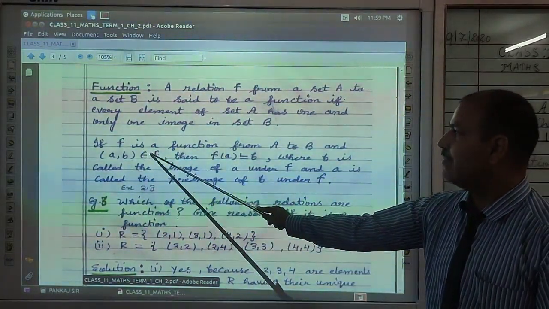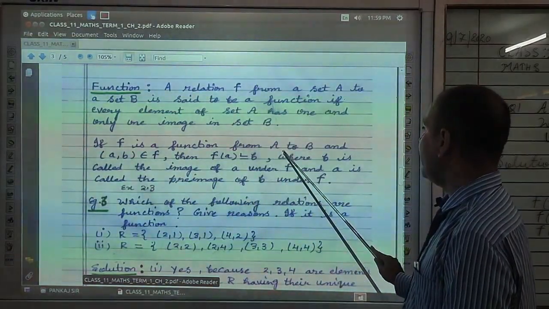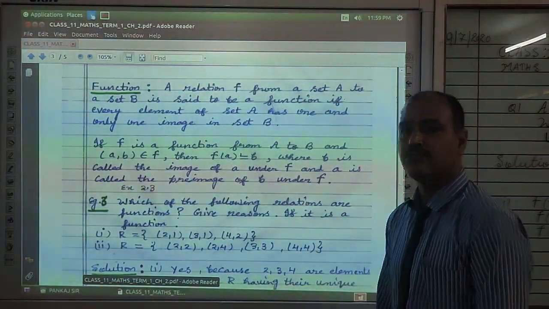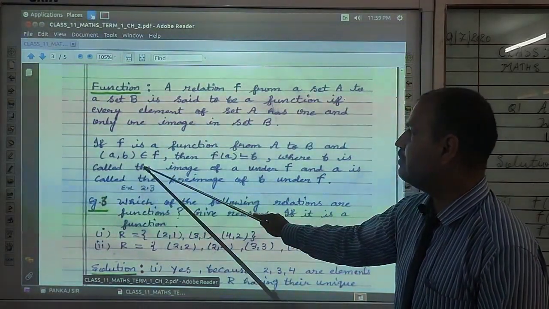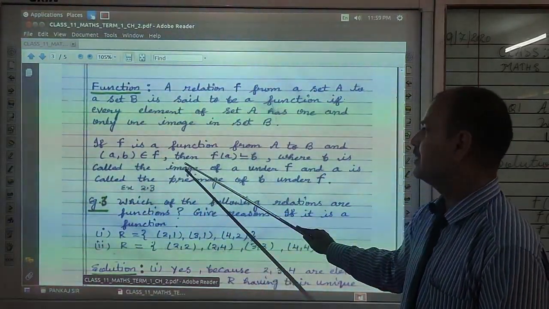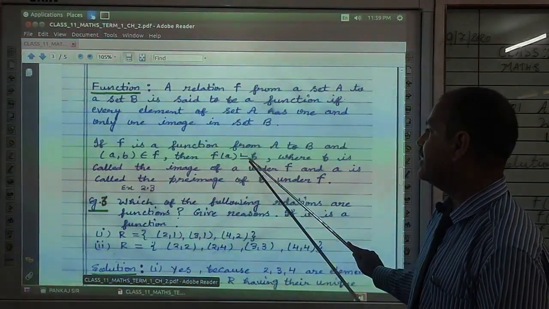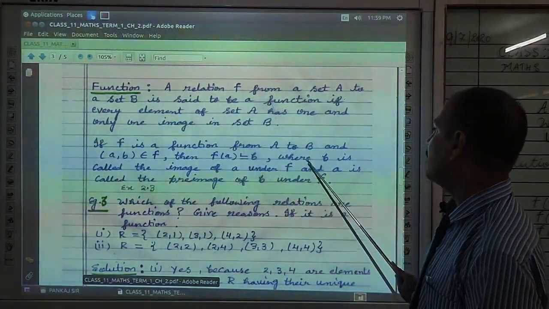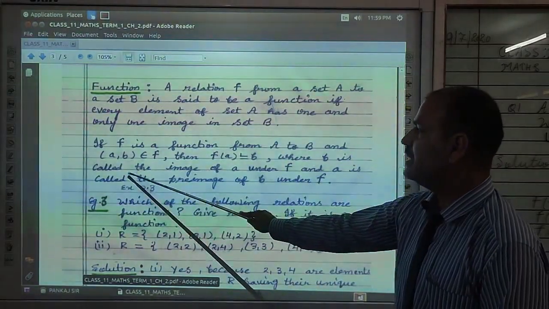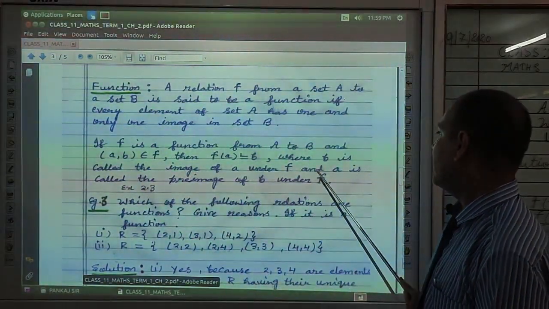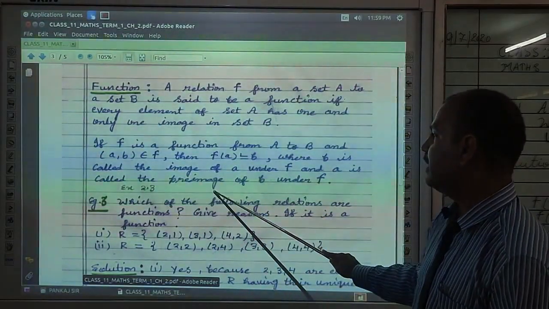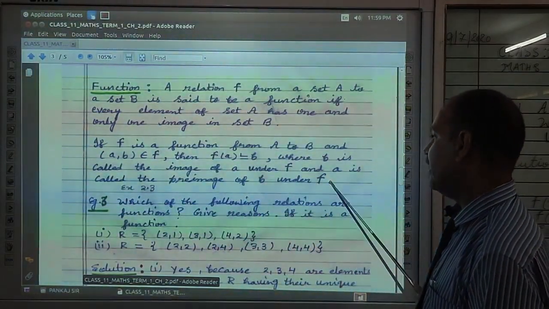Now, if f is a function from A to B and (a, b) belongs to f, then f(a) is equal to b, where b is called the image of a under f and a is called the pre-image of b under f.